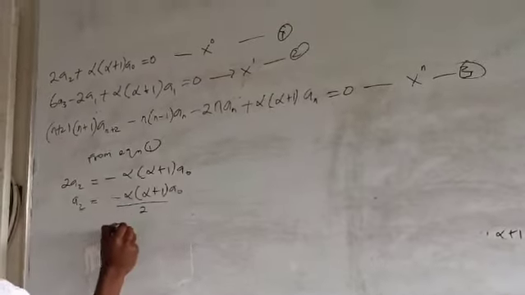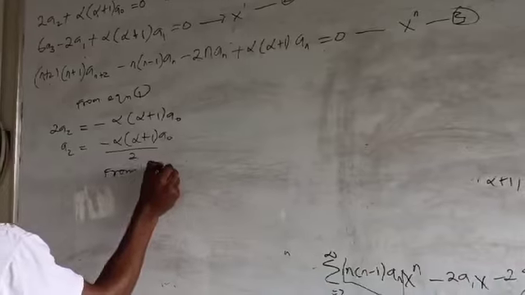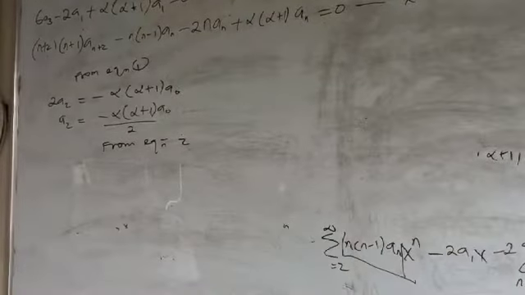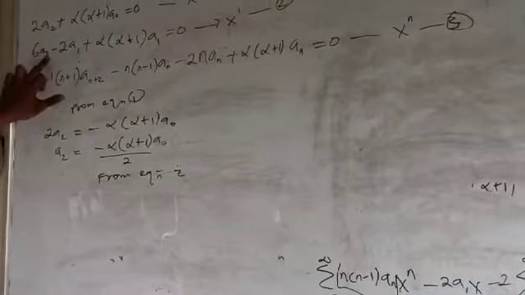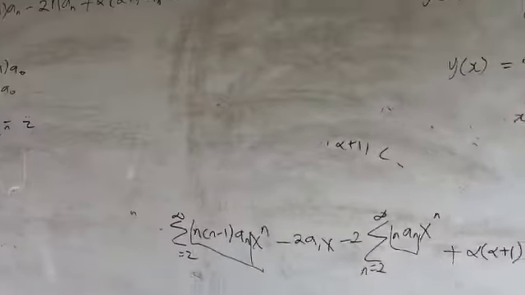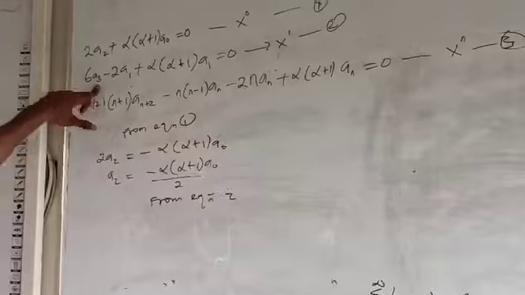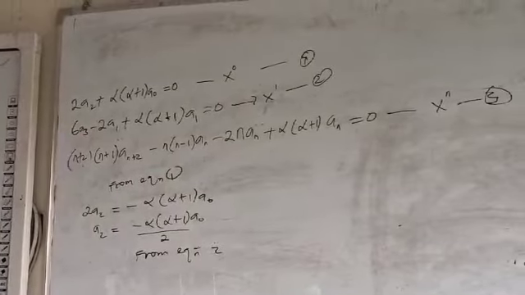So from equation 2, we are going to make the maximum subscript, the highest subscript, the subject of the formula. From here, we can see that our highest subscript is, of course, a subscript 3.